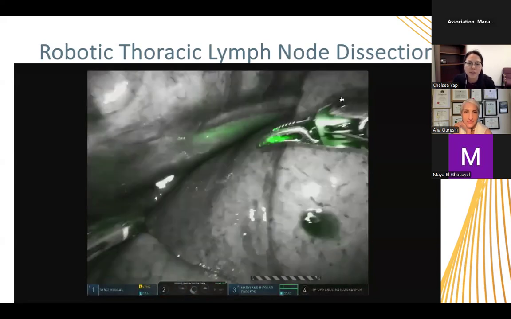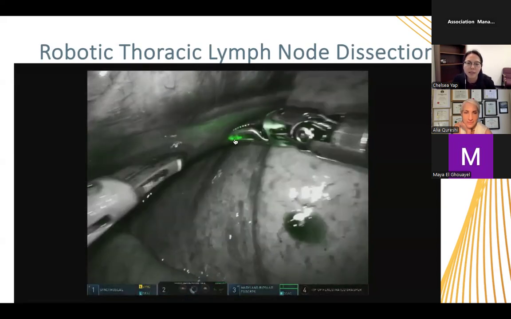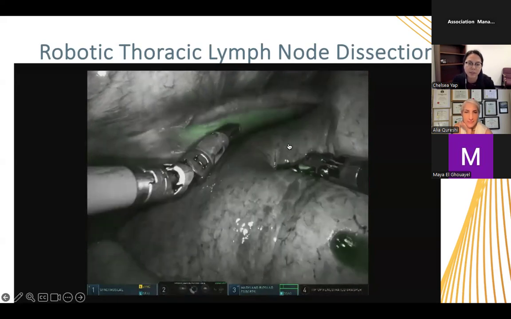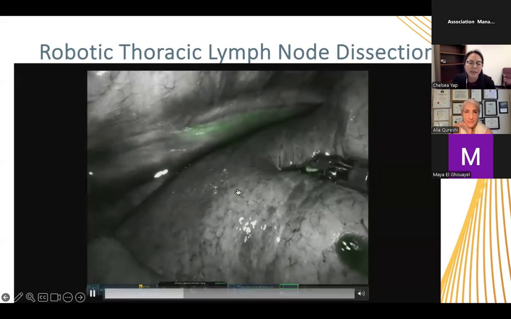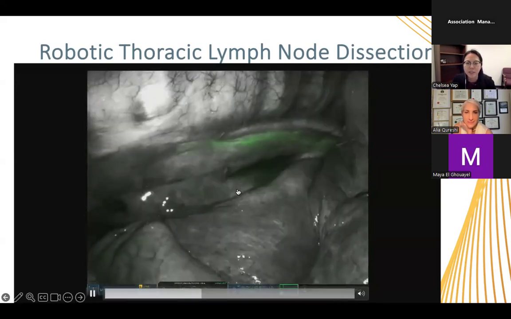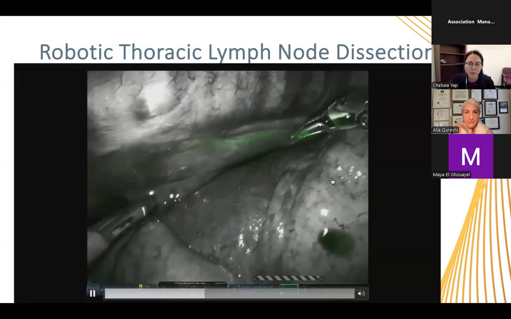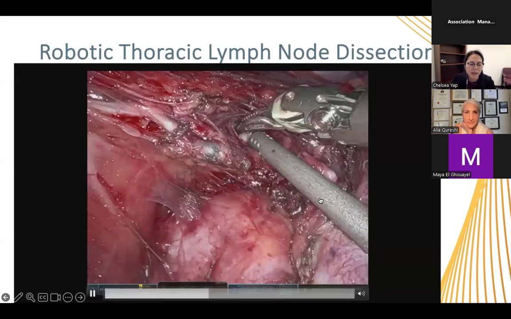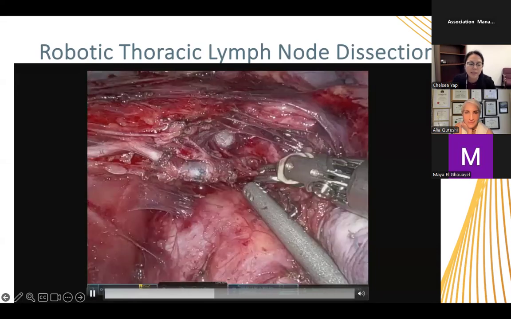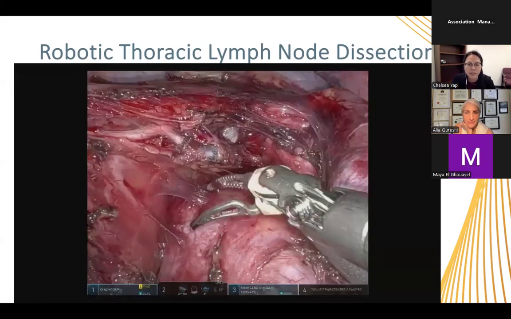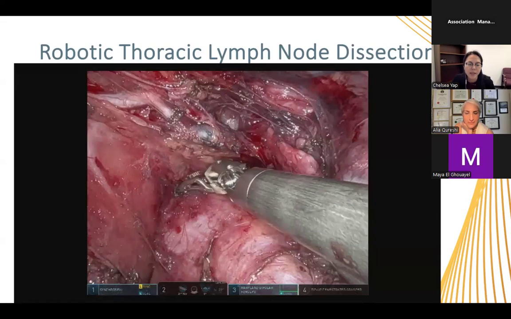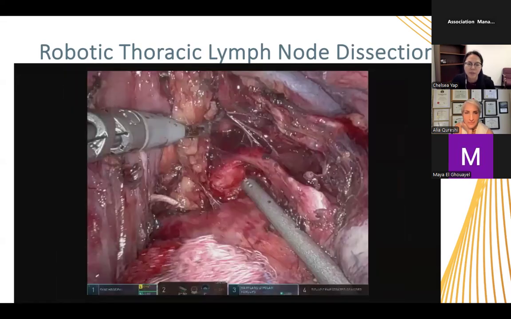And here we can see this is the azygous vein, and then lighting up in green is the thoracic duct. That is the reason why we inject the ICG at the root of the mesentery in the abdominal portion. And then dissecting the subcarinal lymph node tissue, this gets taken en bloc with the specimen, and just freeing up the esophagus from the airway.